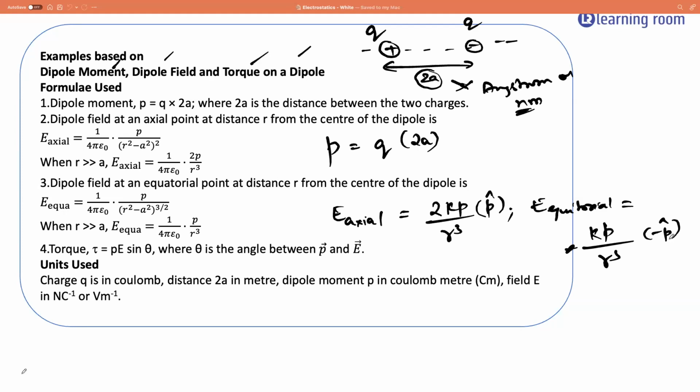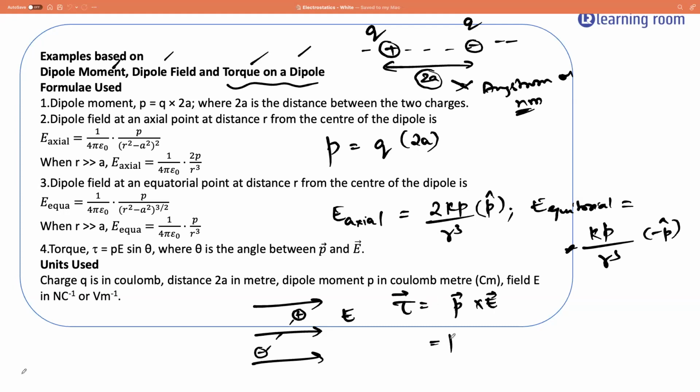Similarly, what is the torque experienced by a dipole when it is placed in a uniform electric field? Torque is equal to P vector cross E vector, or this can also be written as P E sin theta. This is when you place it in a uniform electric field.